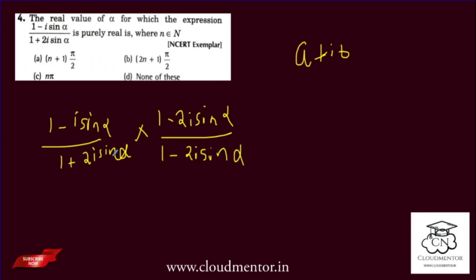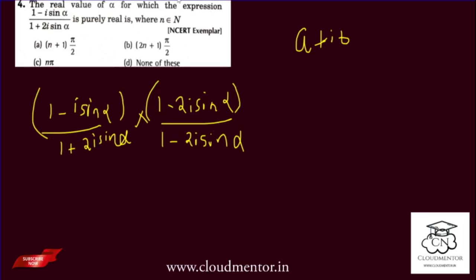So we get 1 plus 1 multiplied by minus 2i sine alpha, that is minus 2i sine alpha, and multiplying with minus i sine alpha, it is minus i sine alpha.